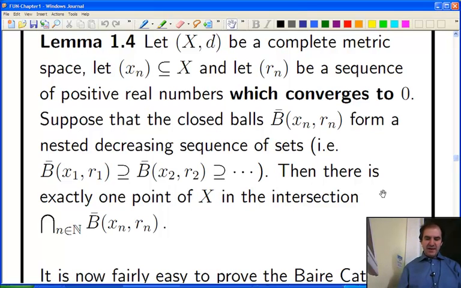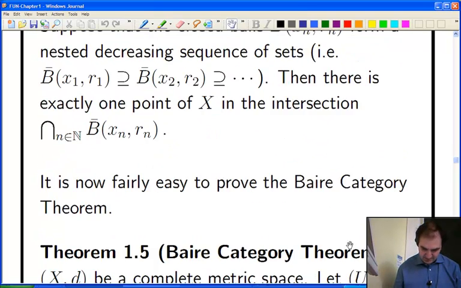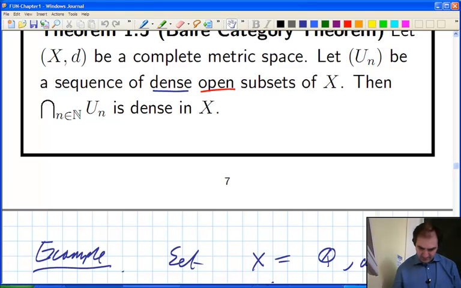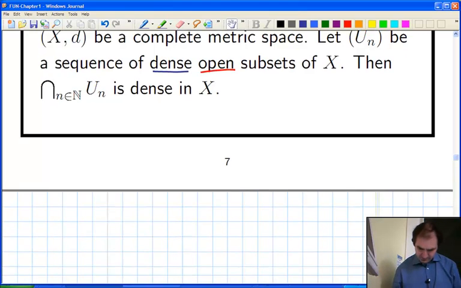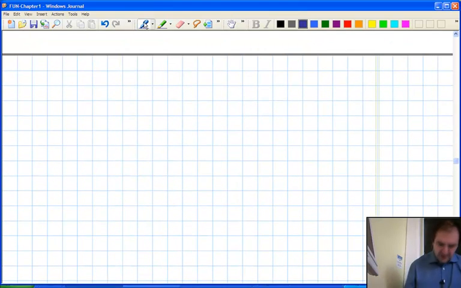So you've got this complete metric space, you've got a sequence in there, you've got this nested decreasing sequence of closed balls centered on xn, radius Rn, and the radii tending to 0. So let's have a quick sketch of the setup then.